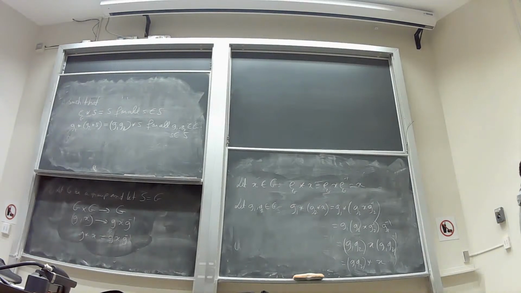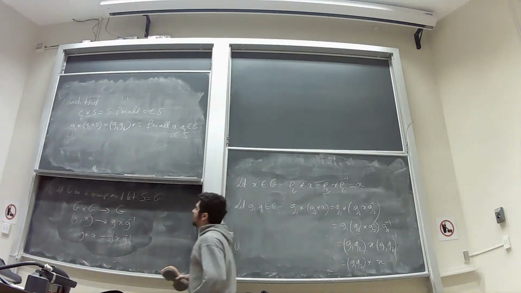Okay, now what is this used for? This is a good question. This is the most important question. What is this used for? How do we work with this? Let's define.